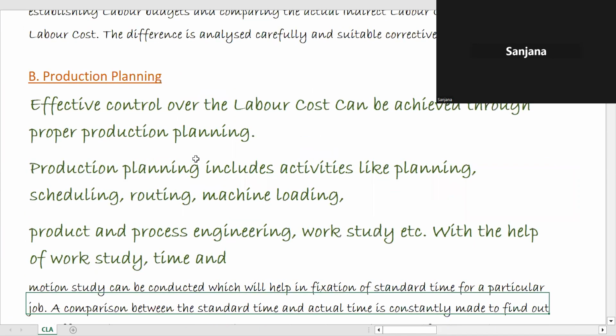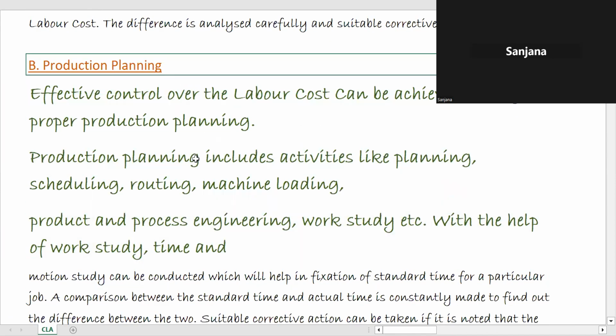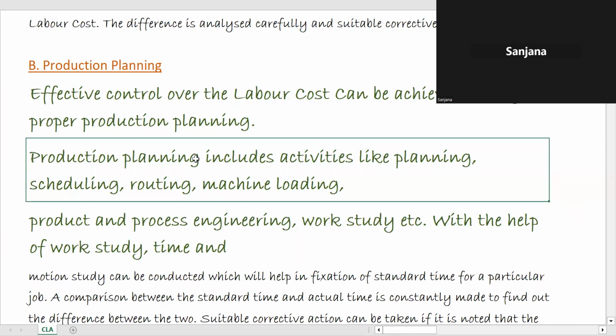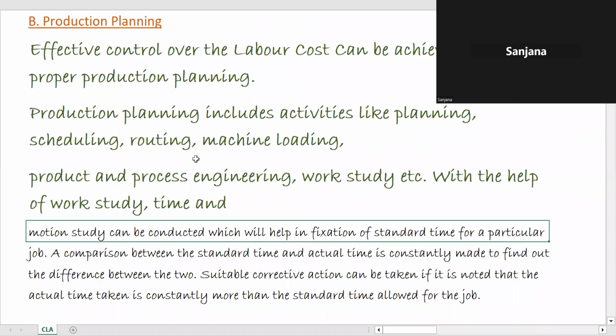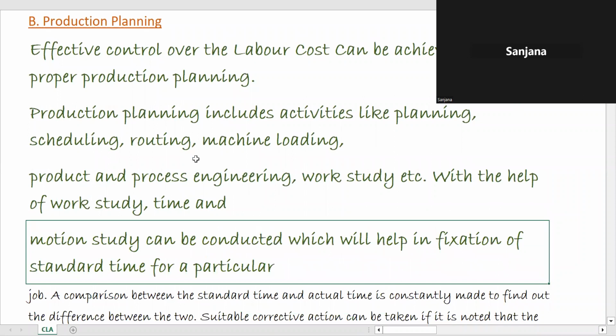All these things are done under production planning. Basically, all these are mechanized things. We've also got work study and time and motion study. We'll be seeing these as we go ahead; quite a bit of time we'll have to spend on that. Basically, time and motion study means finding the best way of doing the work.